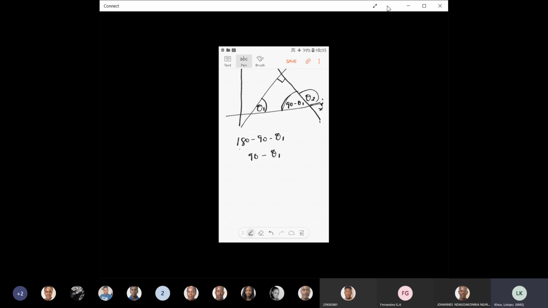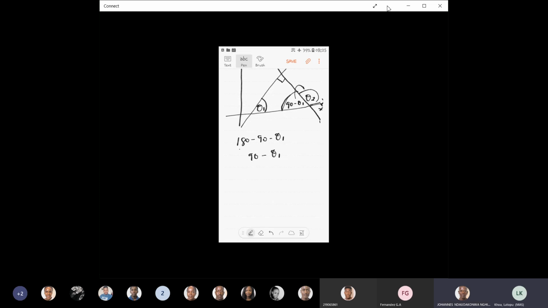And then you should also see that these two angles will add up to 180. The reason they add up to 180 is because this x-axis is a straight line, and angles on a straight line add up to 180 degrees.